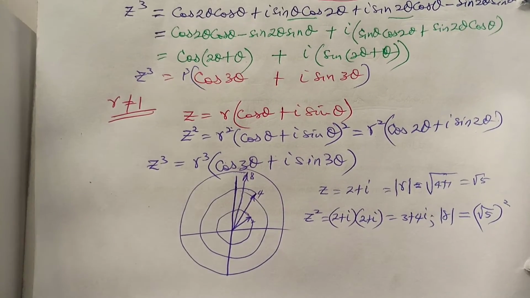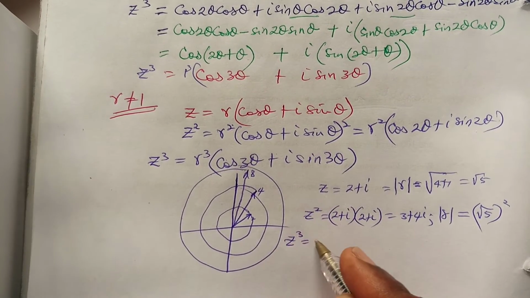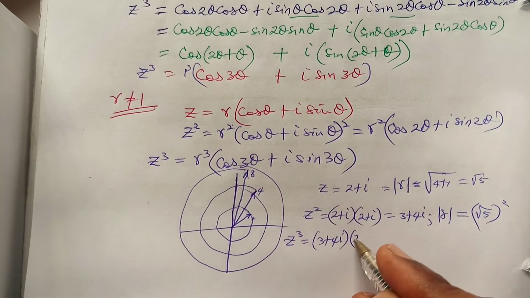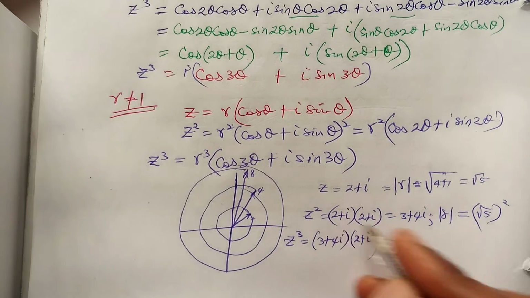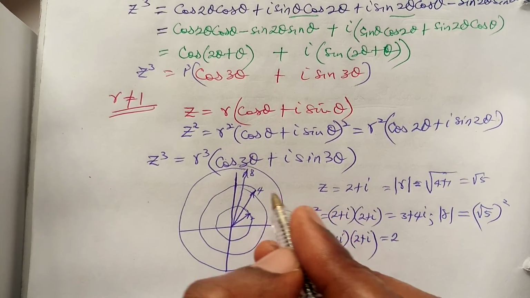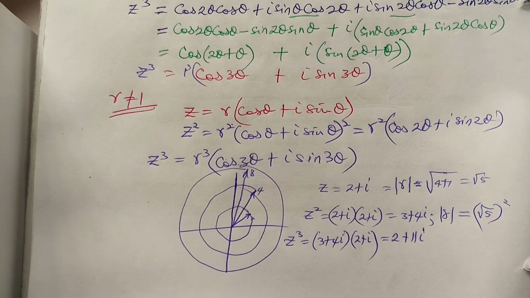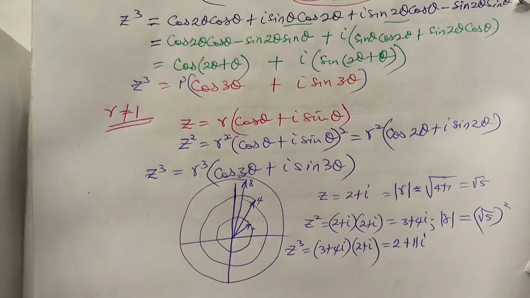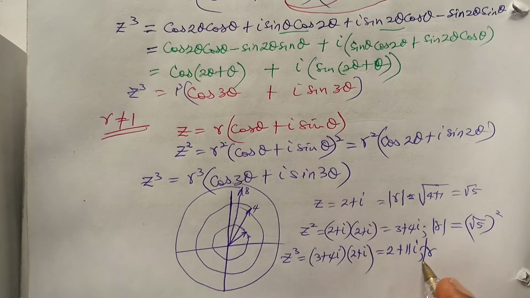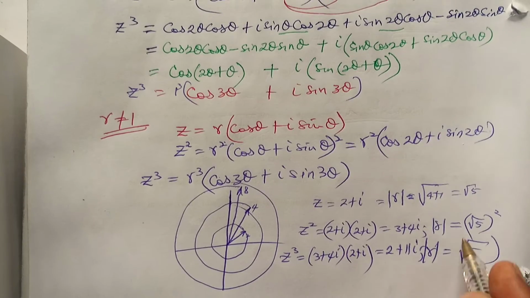Then z cubed will be 3 plus 4i times 2 plus i, which gives 2 plus 11i, and the modulus will be the square root of 5 all cubed.